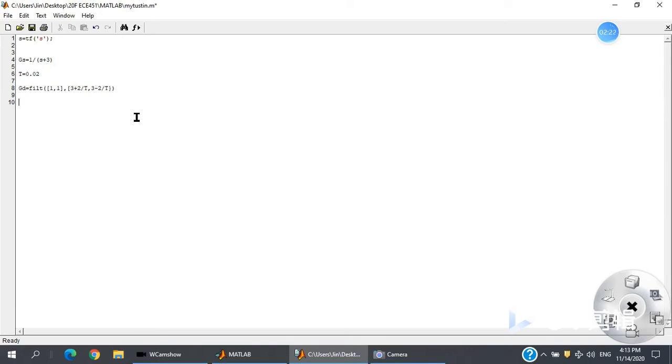Alright, so I put them in the same picture so we can compare them, right? Figure 1, and hold on. Then step of G of S, and the step of G of D. Alright, it's wrong.